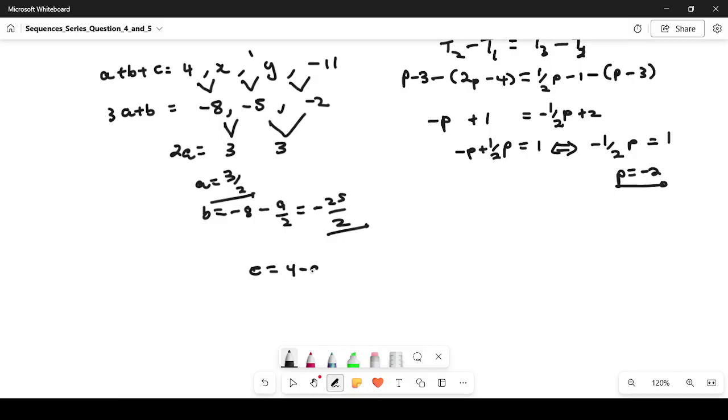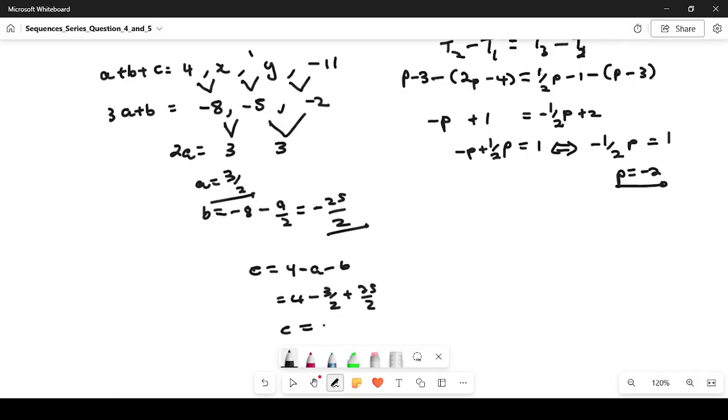So I have minus a minus b. So minus 3 halves. Then this will be plus 25 divided by 2. So my c, 4 minus 3 halves, then plus 25 divided by 2.